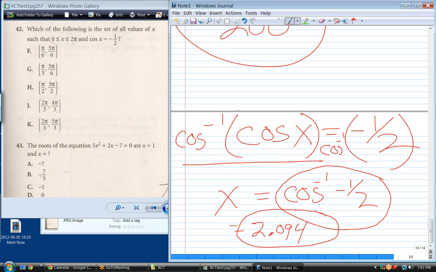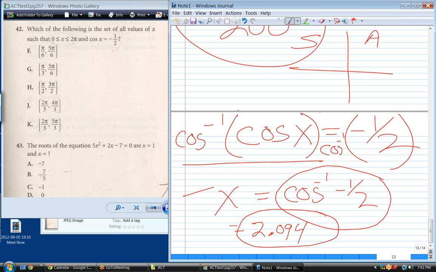Let me say one other thing. Your calculator is only going to give you one answer because that's the way it's set up. It's going to give you the primary solution. This problem covers the entire unit circle, and there are always 2 quadrants where the cosine is negative. All trig functions are positive in the first quadrant.